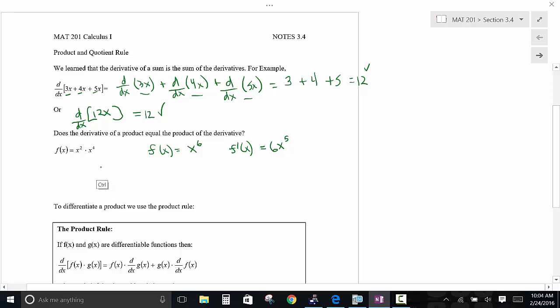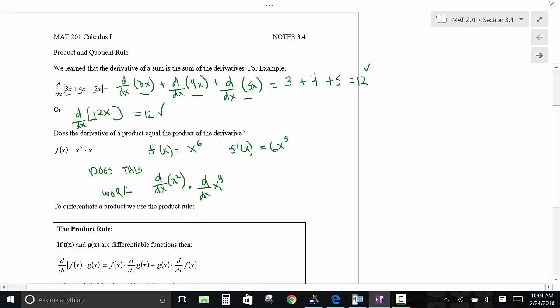Now my question is, does this work? Let me show you what I'm talking about. Just like on the first problem, we were able to do the derivative of each part and add them together. What I'm curious about is, if we did the derivative of x squared, did the derivative of x to the 4th, then multiplied, would we get the same answer?